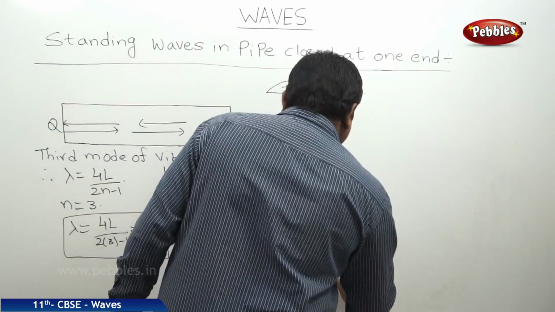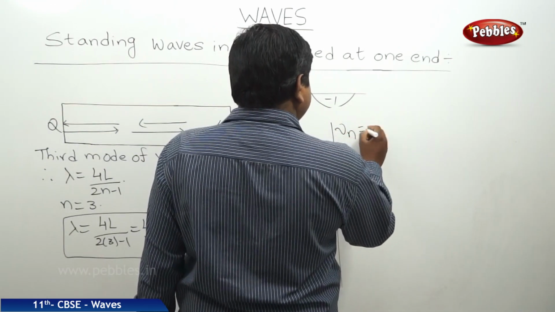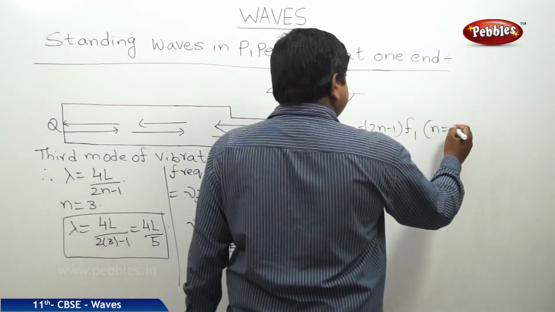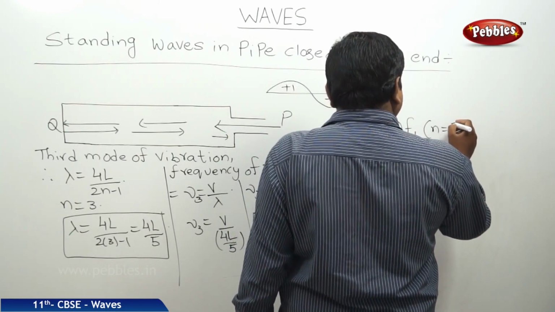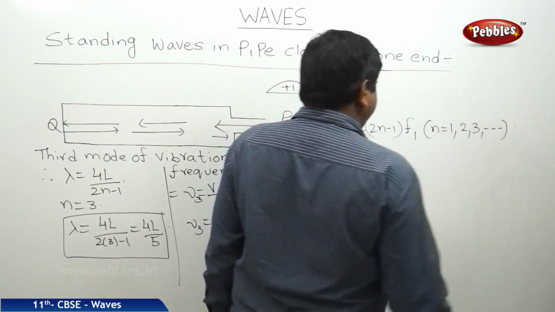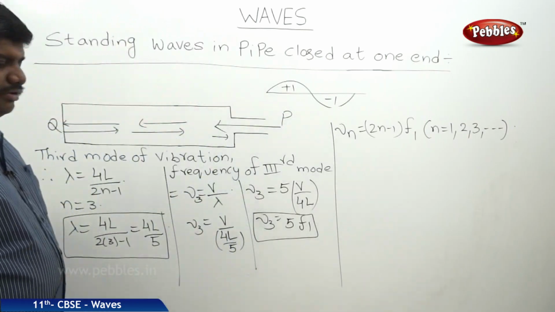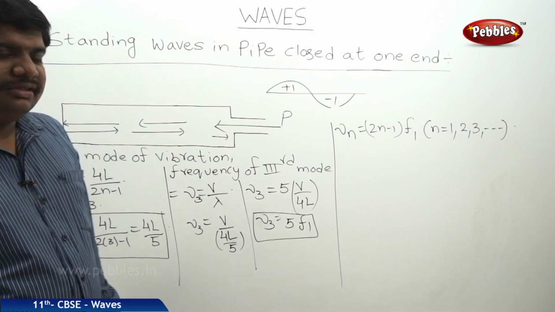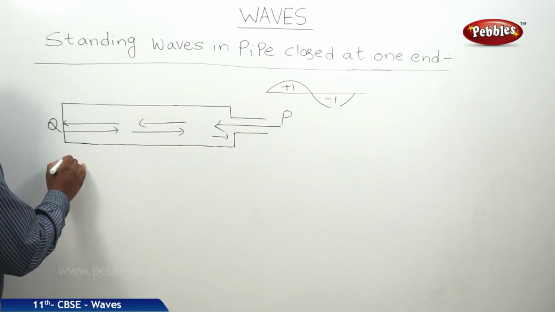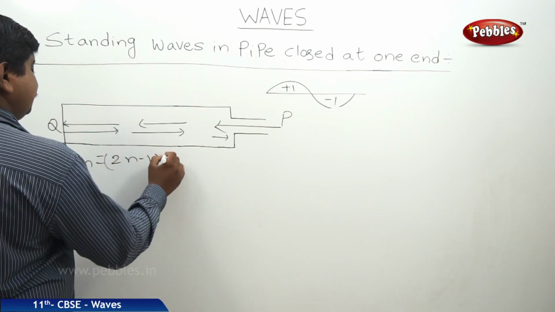Therefore, we can write, what about the nth mode? 2n minus 1 f1, where n is equal to 1, 2, 3, etc. So like this we can define the fundamental mode of vibration, the second harmonic and the third harmonic in the case of a pipe closed at one end. So the nth frequency is equal to 2n minus 1 into f1.